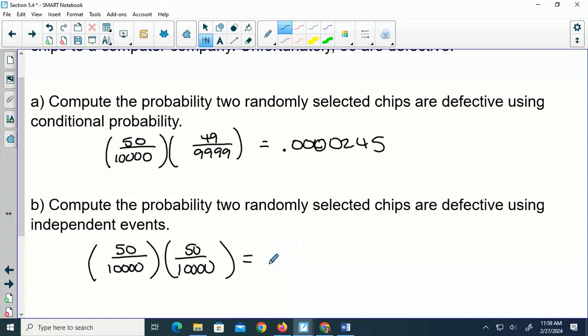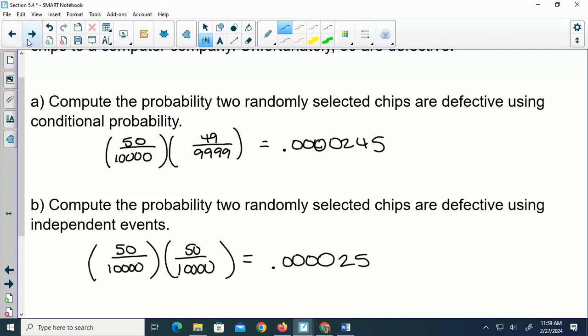And what's that give you? 2.5. So move your decimal back 5 places, so 0.000025. So slightly more likely, but not much of a change. And that's just because we had 10,000 of them and a very small portion were defective to begin with.